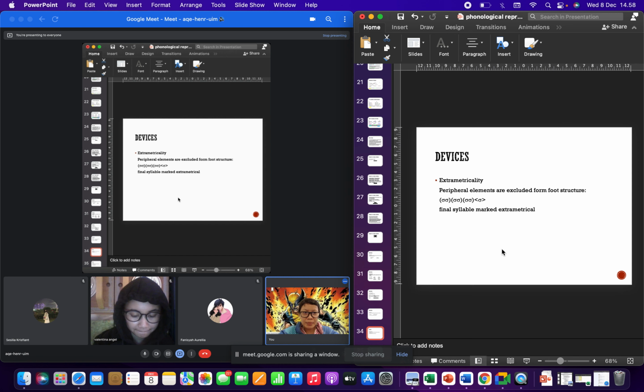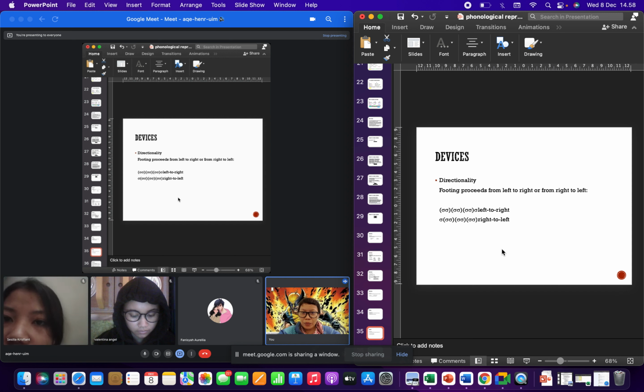And also we are going to see extrametricality. It means whether the sounds are extrametrical or not. So here we have to see the peripheral elements that are excluded from the metrical structure of the sounds. It is usually final syllables that are marked as extrametrical, not the initial.